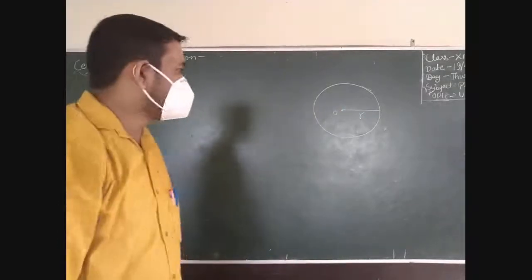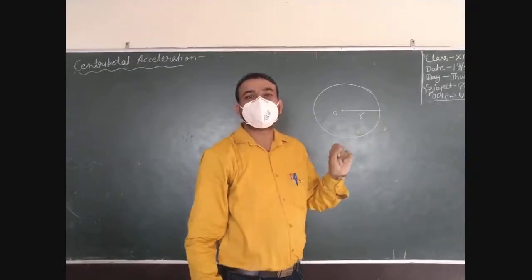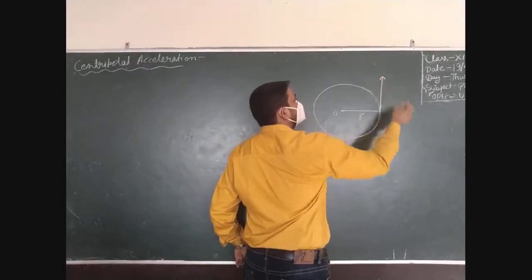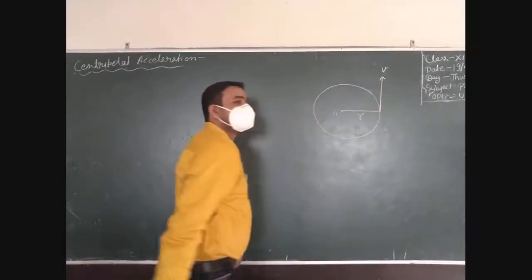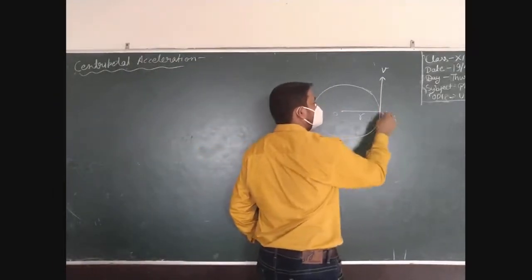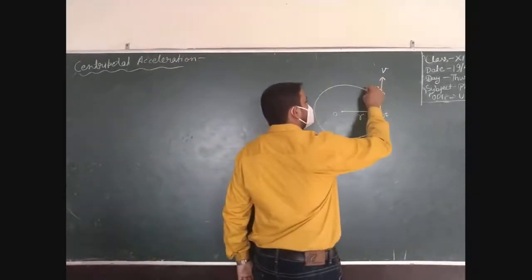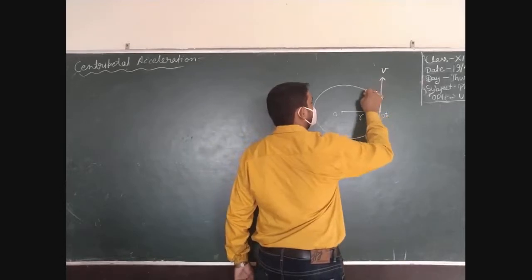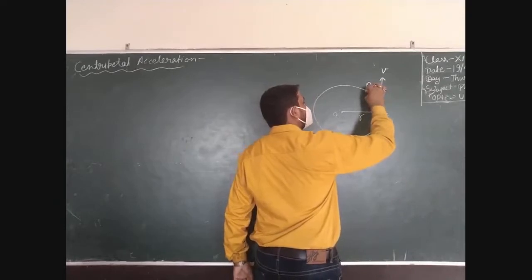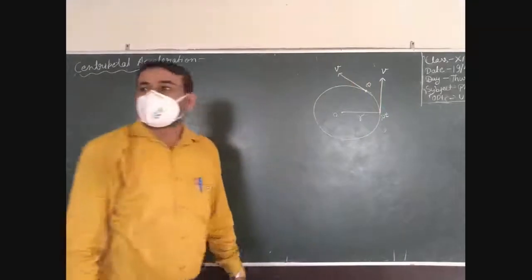As we discussed in the previous class, if we draw the tangent to the point of the circle where the radius touches, it gives the direction of velocity. Suppose at any instant t the particle is at point P, and after a certain time the particle reaches point Q. When we draw the tangent at point Q, we get the direction of the velocity again.